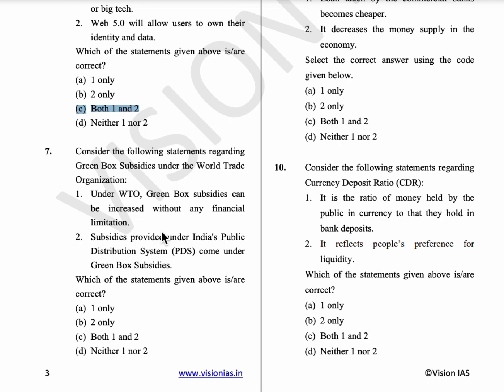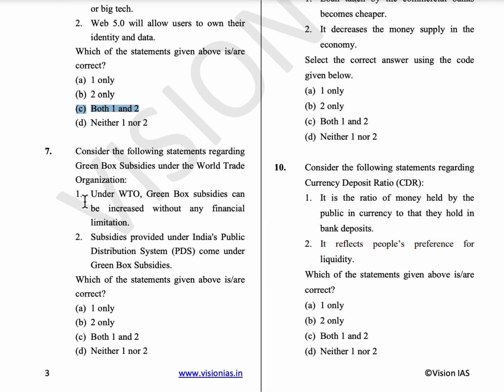Next is the green box. The green box is for domestic products which don't distort trade or production, or distort very little, so they are added under the green box, and subsidies can be increased without any financial limitations. So for the green box we don't have any financial limitations, but for the amber box we have some financial limitations.